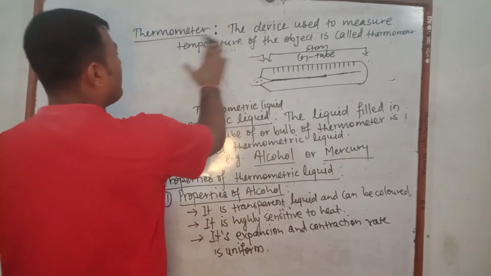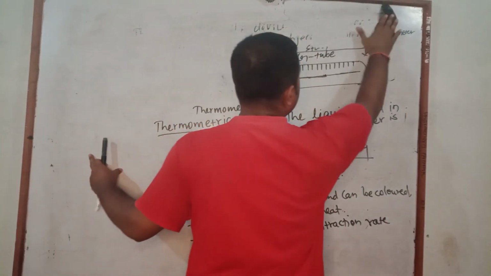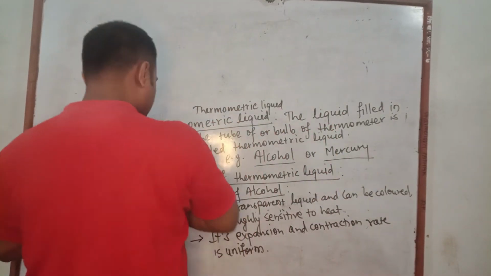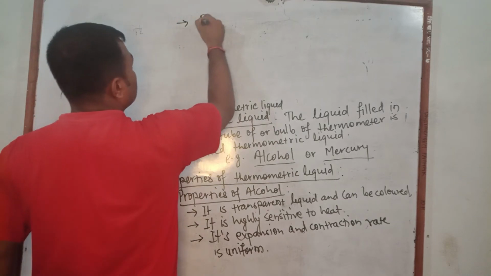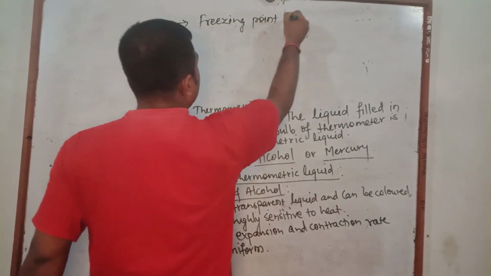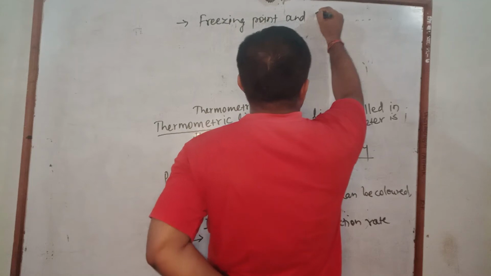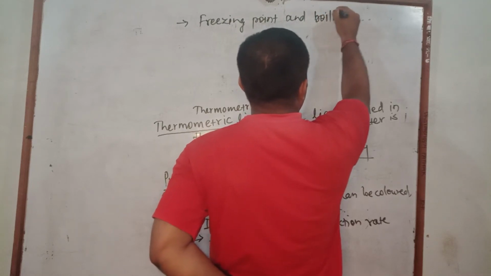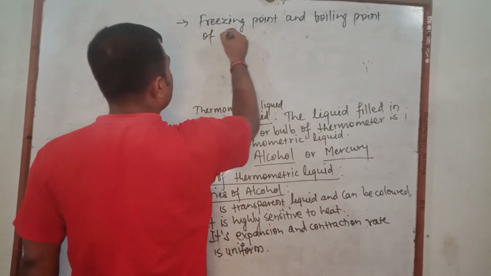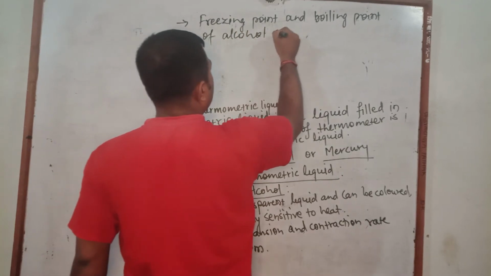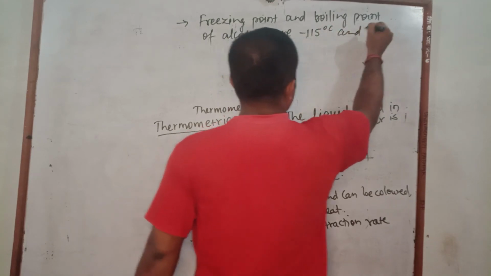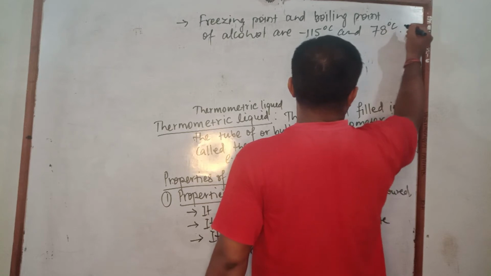Other properties of alcohol are like freezing point and boiling point. The freezing point and boiling point of alcohol are minus 115 degrees Celsius and 78 degrees Celsius respectively.